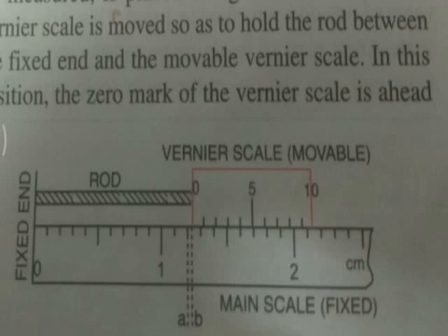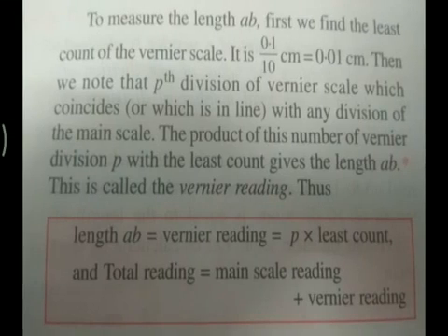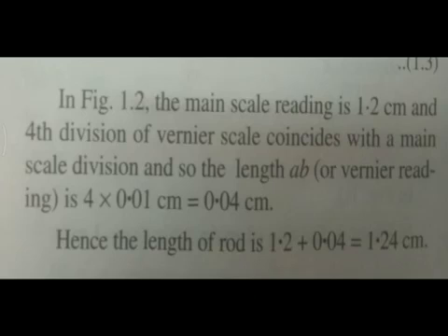So our formula is main scale reading plus vernier scale reading, or you can say main scale reading plus P into least count. Main scale reading is 1.2 plus P. P is 4, because the fourth division was coinciding, multiplied by least count. Least count is 0.01. So it will become 1.2 plus 0.04.